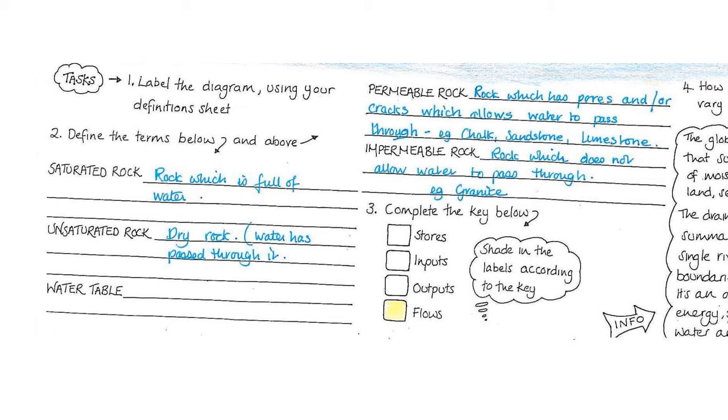It can actually have some moisture in it, just that it's got space, it's got air in it. The water table is the line separating saturated and unsaturated. Two other terms: permeable means that the water can travel through it, and impermeable means water can't travel through it. A granite or mudstone or something like that won't let water through.